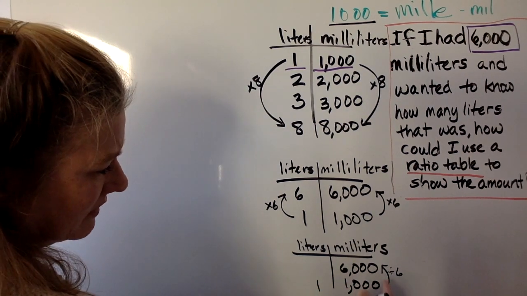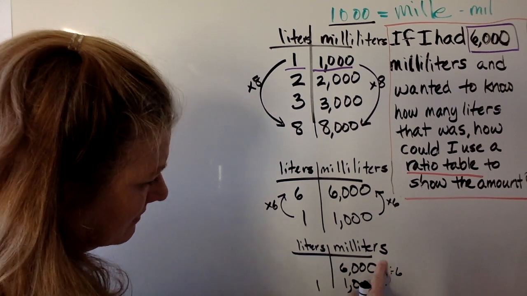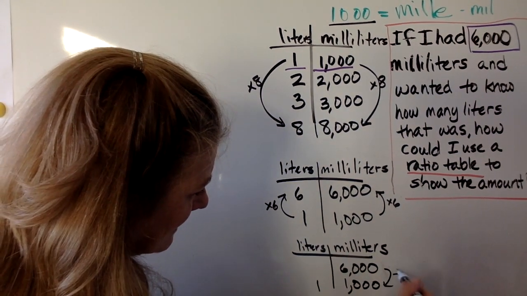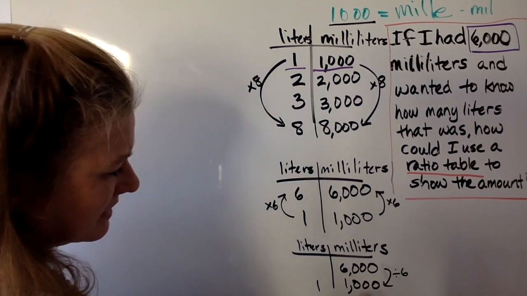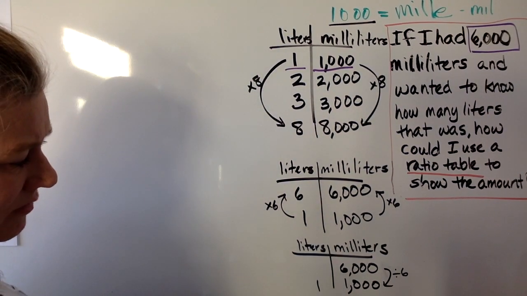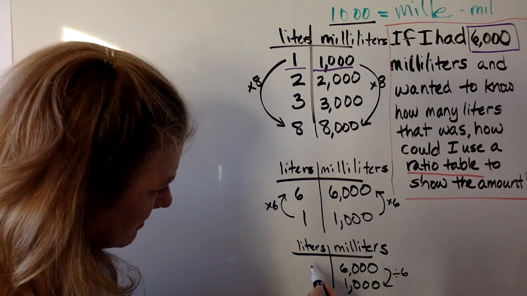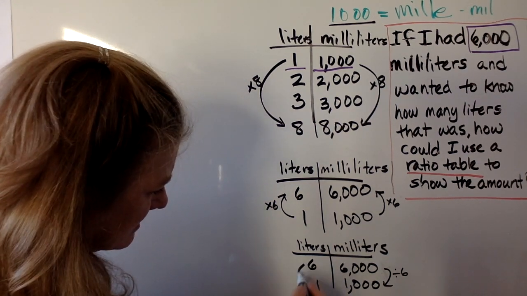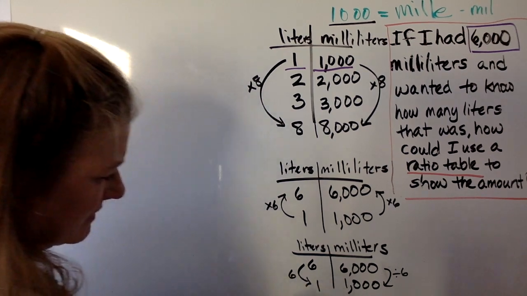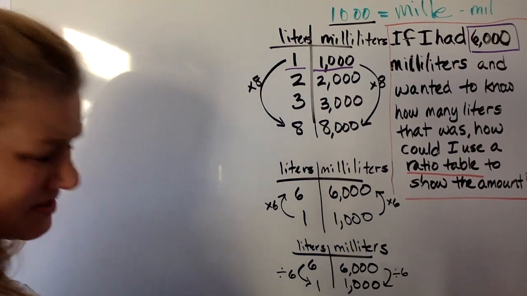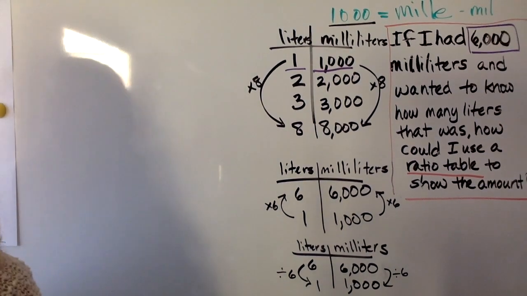Oh, I'm sorry, here we go. Got that wrong. 6,000 divided by 6 gives me 1,000. And also 6 divided by 6 equals 1. That's another way that I could think about it.